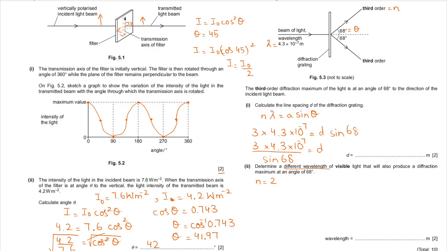The line spacing, what did we get? What was the answer of the previous part? So we use the same formula again: n lambda equals d sine theta.